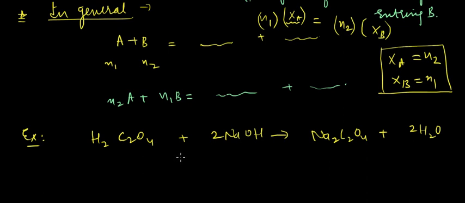So this is also an example of a displacement or a precipitation reaction. In this case we know that 2 moles of H were replaced by 2 moles of Na, hence n factor would be 2 here, and n factor here would again be 2 moles of electrons exchanged divided by 2, which is the stoichiometric coefficient, which is 1.